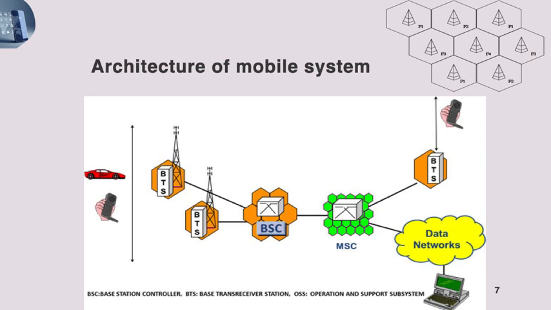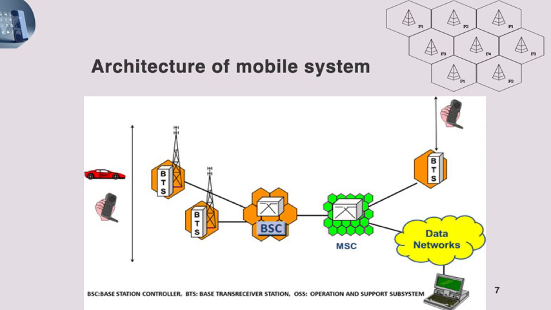In our diagram, there are two base transceiver stations. Suppose two users are there, one in the first base transceiver station and the second user, or the destination user, is at the second base transceiver station. How are they communicating? A user at the first BTS is making a call to the second user at the second BTS, then there will be a base station controller.